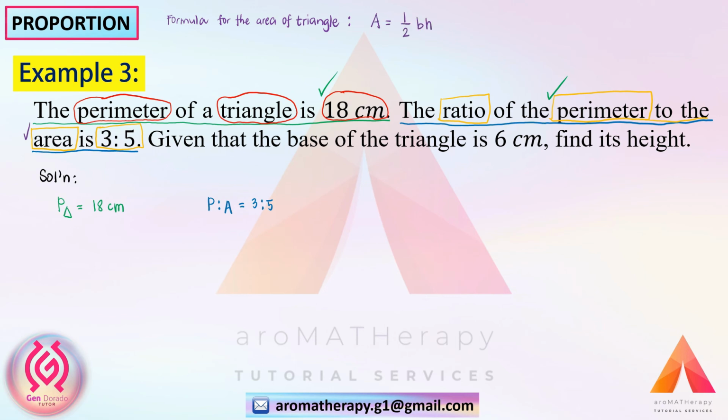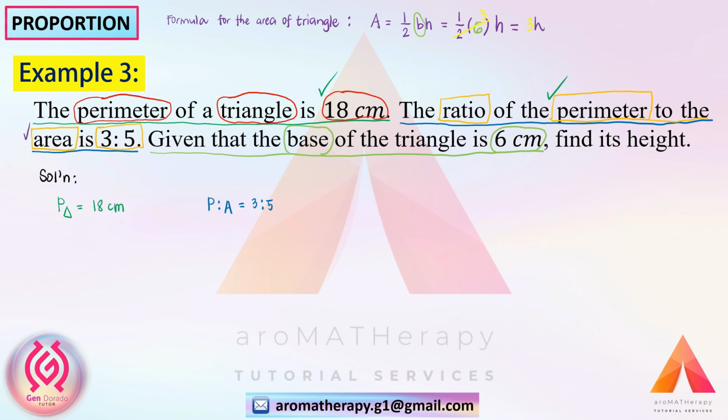The base is already given, so it is equal to 6 centimeters. We need to substitute the value of the base in the given formula. So you write 1/2 times 6H. And then we need to simplify this one, so we get 3H. Then 6 divided by 2 is equal to 3.